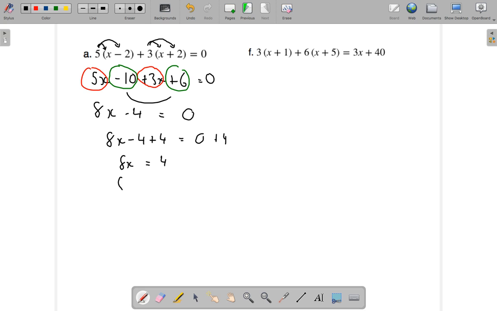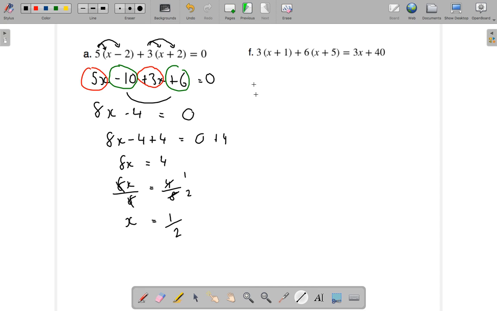Then, to get x by itself, we divide both sides by 8, like so, and cancel the 8s out. x equals 4 on 8. Now 4 goes into both of those numbers. 4 into 4 goes once, 4 into 8 goes twice. So we get x equals 1 over 2. That's the answer to question A.